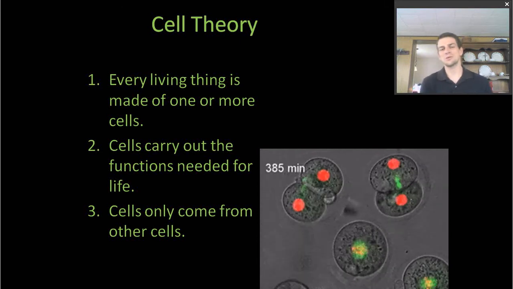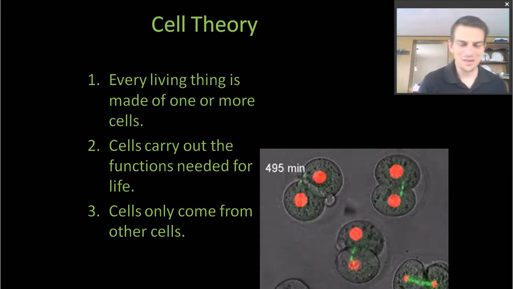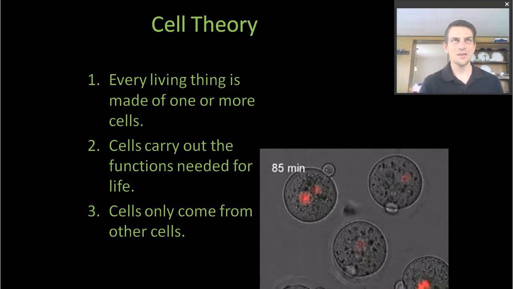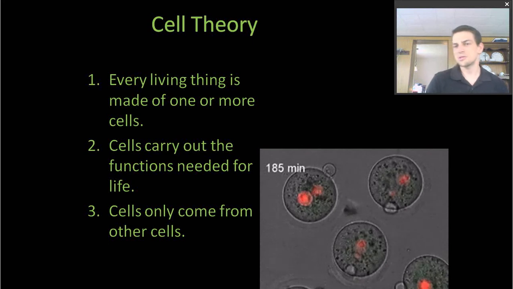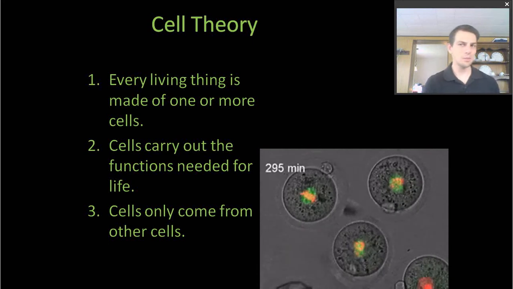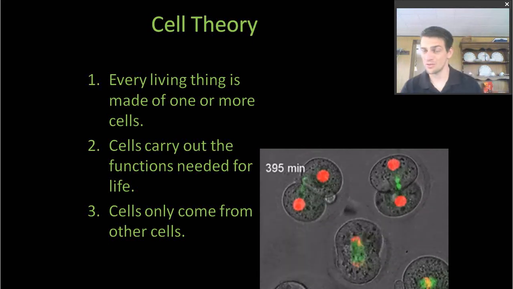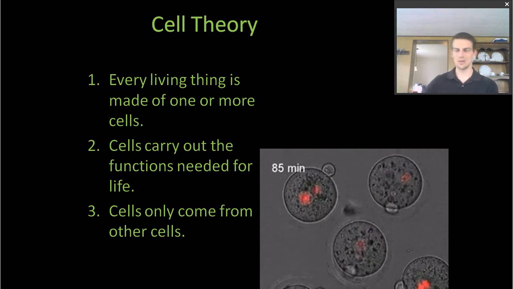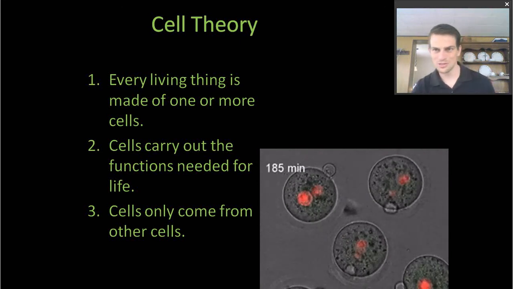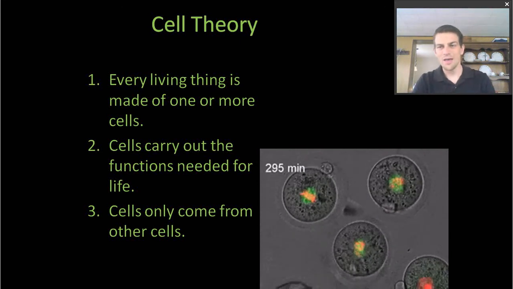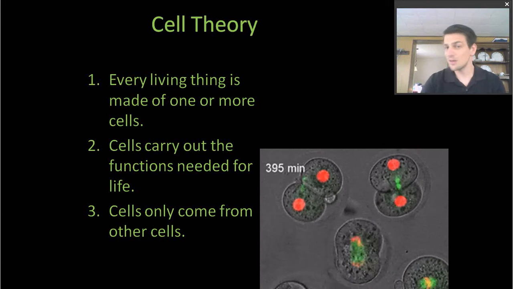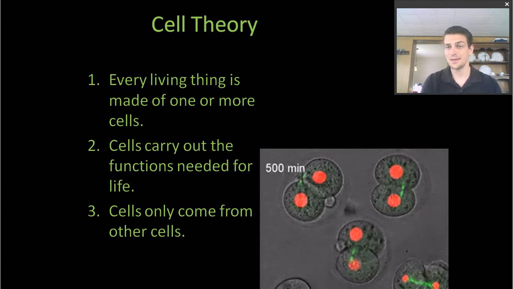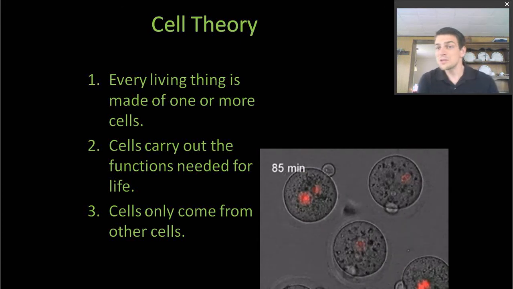And what I think is very interesting about this third point is it leaves you with a question: where did cells come from then? So if cells only come from other cells, like the cells in my body came from other cells, which came from other cells, and we're several generations back with my great-great-grandparents, at some point you have to have a first living thing, and where did its cells come from?